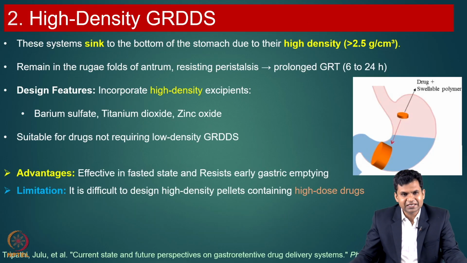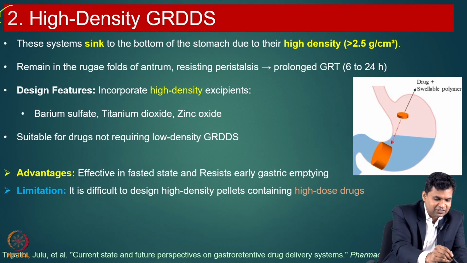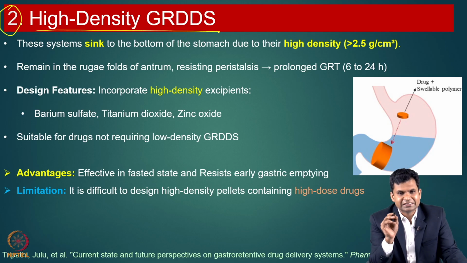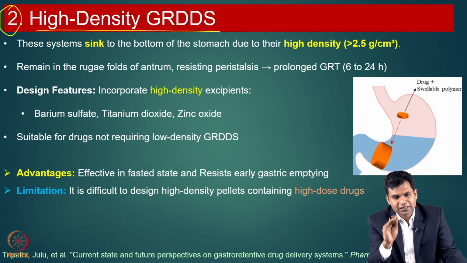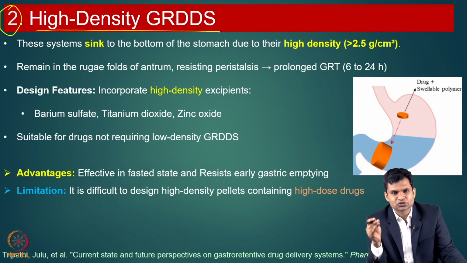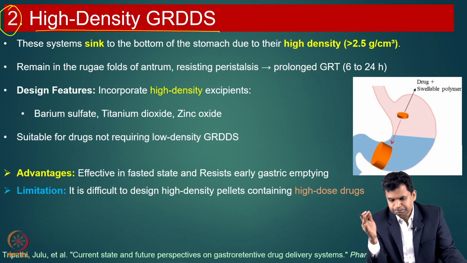So, now in the second topic we are going to discuss the high density gastroretentive drug delivery system. This is completely opposite to the low density gastroretentive drug delivery system.